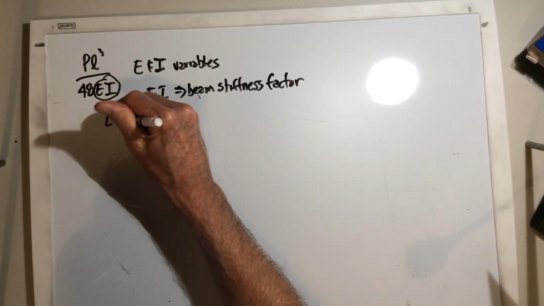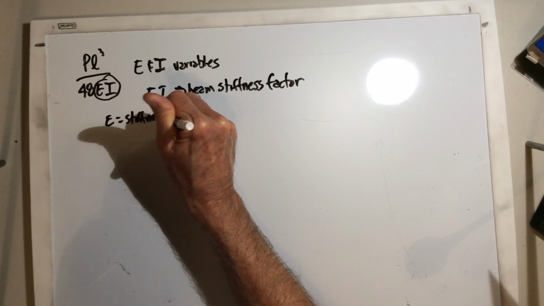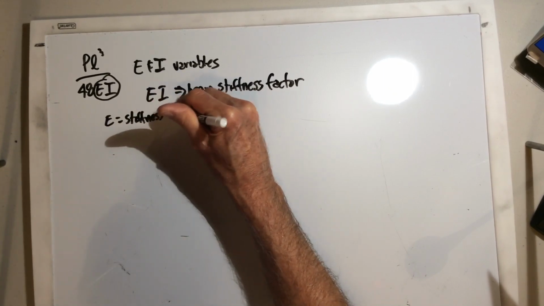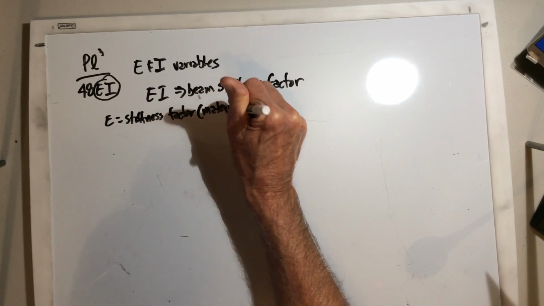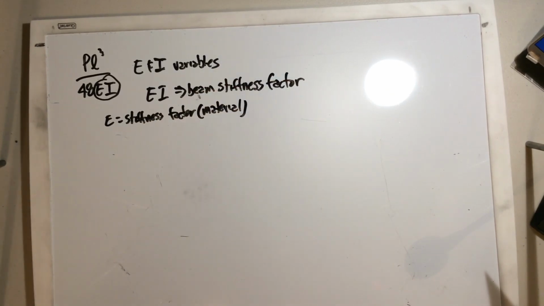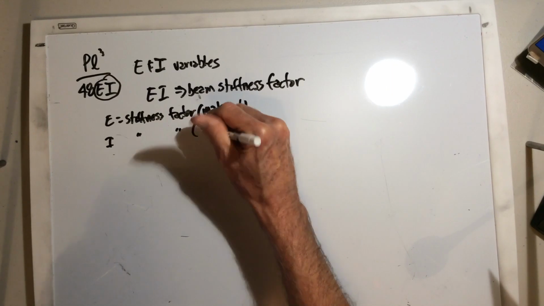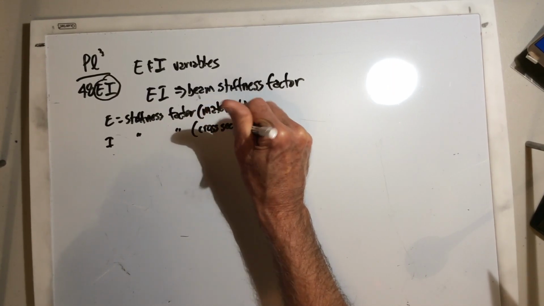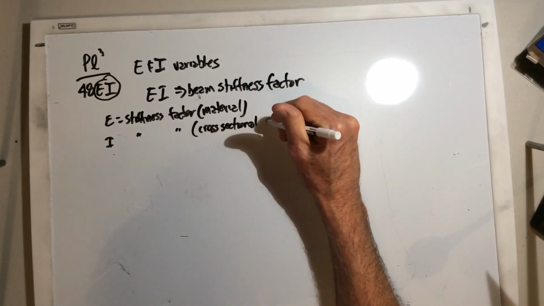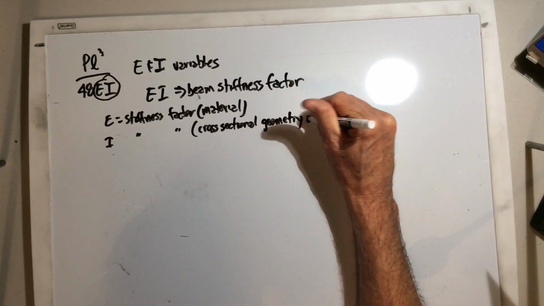Now, E, of course, is a stiffness factor based upon material. And the I is also a stiffness factor, but it's based upon cross-sectional geometry orientation.